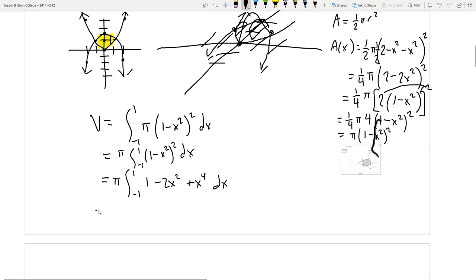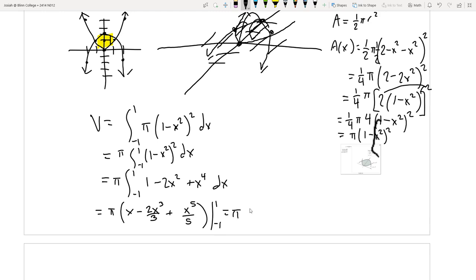All right, so we're looking for pi times, and we'll go ahead and just run the power rule through all these. Increase the power of x by 1 and divide by that new power. And we're evaluating this guy from -1 to 1.